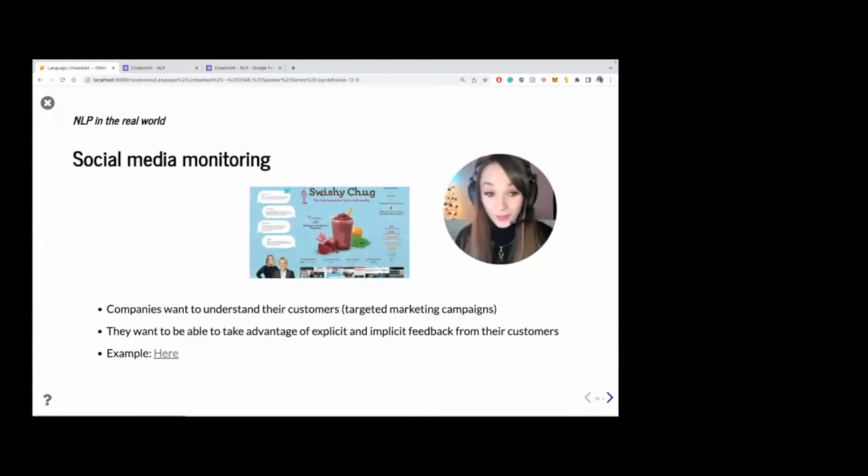This case of NLP in the real world, I think, is the one that excites me the most. I'm going to be showing you a little video about it. Basically, what social media monitoring does is that companies want to be able to understand their customers, and they want to know what they're talking about, what their needs are, so they can create targeted marketing campaigns.